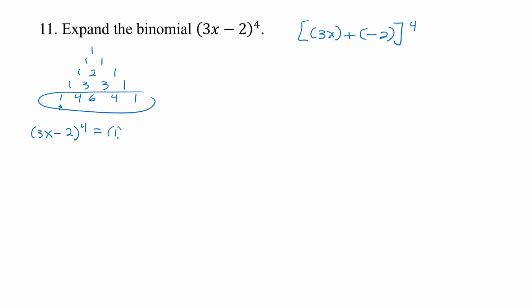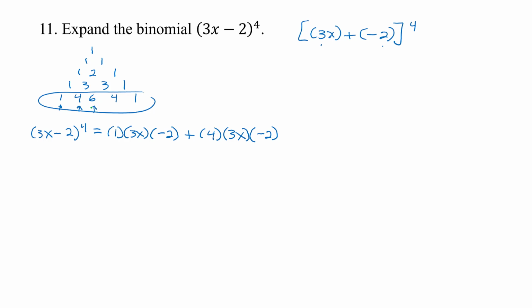I have 1 times 3x raised to some power times negative 2 raised to some power, and I move on to the second number in this 5th row, which is a 4, and I will have 4 times 3x raised to some power times negative 2 raised to some power. I'll come back in just a minute and plug in those powers.